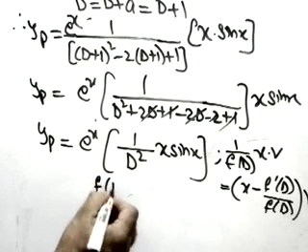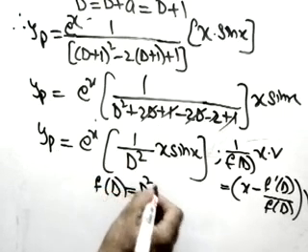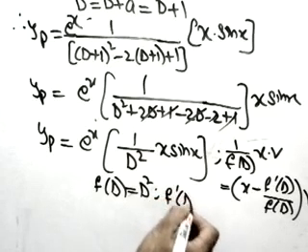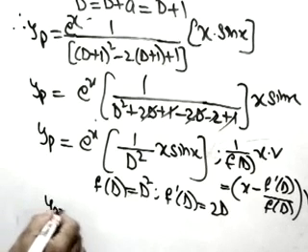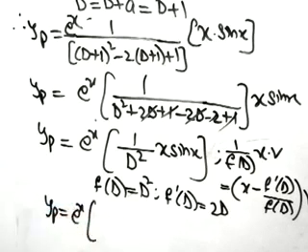For this method, this is considered as f(D). So f(D) we have is D². To differentiate this, f'(D) will be 2D, since the derivative of D² is 2D. So let me use this: Yp equals, already we have e^x outside.